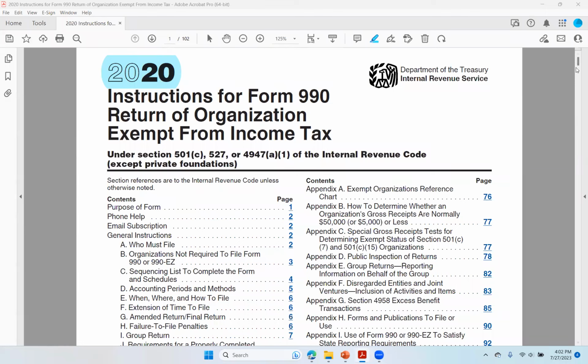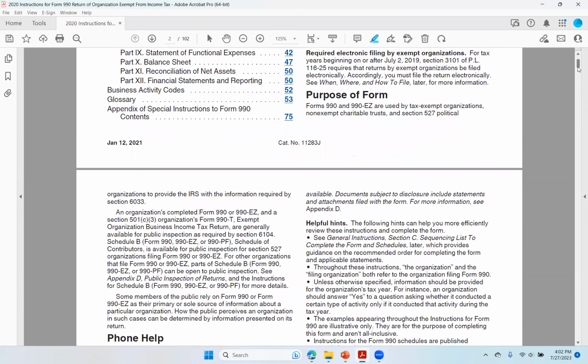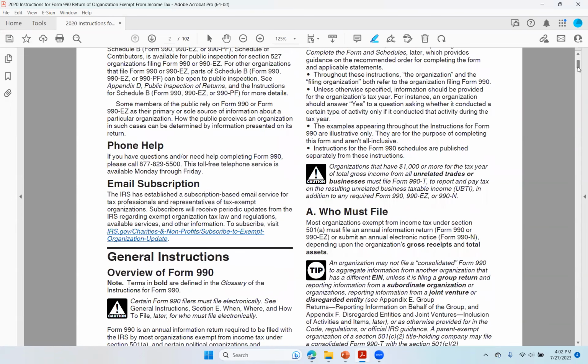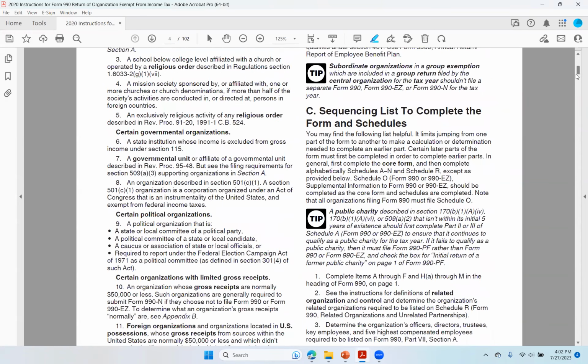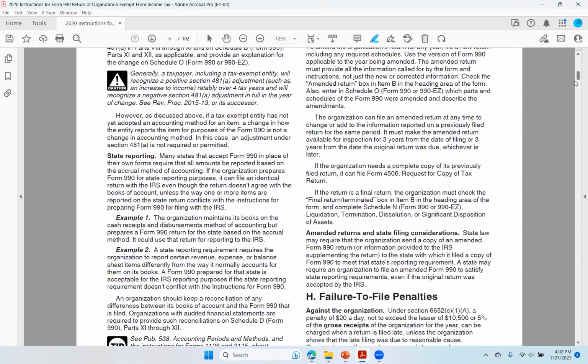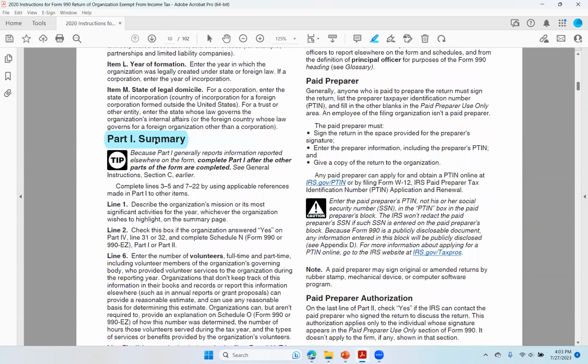But again, I just think it's important to have this information so that you can investigate whether or not the questions were answered appropriately, because again, the Form 990 instructions tell you how to answer the questions. So it shouldn't be a problem. Okay, and again, here's what we talked about today, part 1 summary.